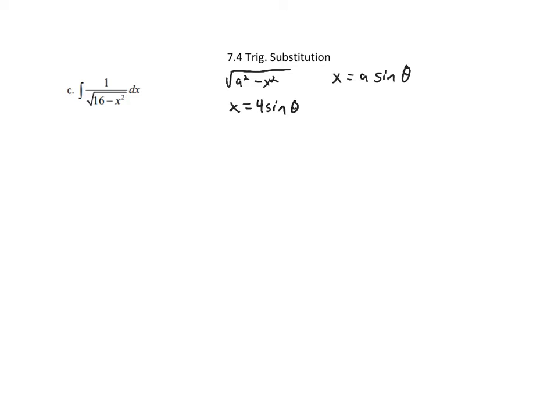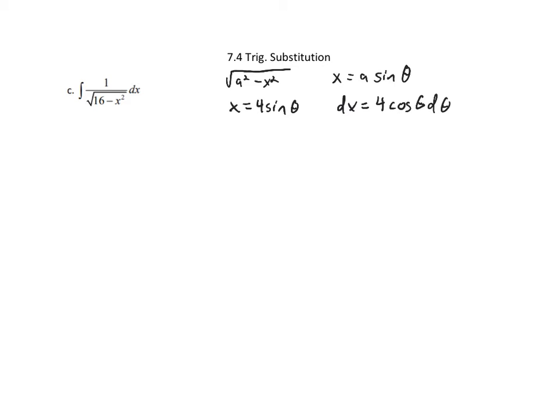If x equals 4 sine theta, we also have to replace this dx. If we take the derivative of the right side, dx would be 4 cosine theta d theta. So we're going to use x equals 4 sine theta and dx is 4 cosine theta d theta.